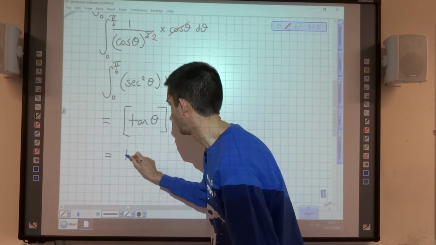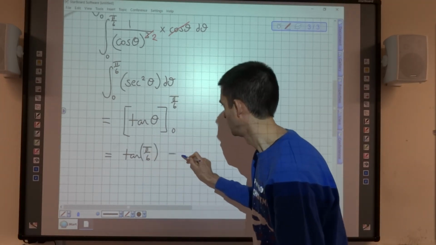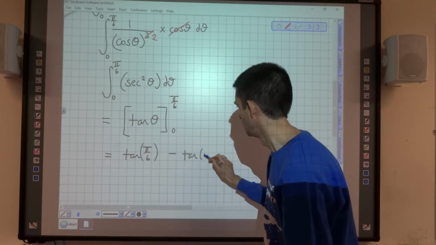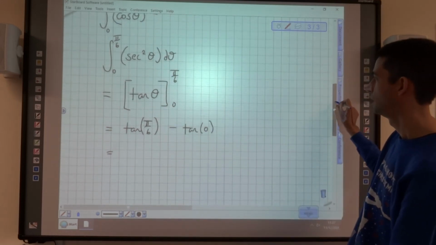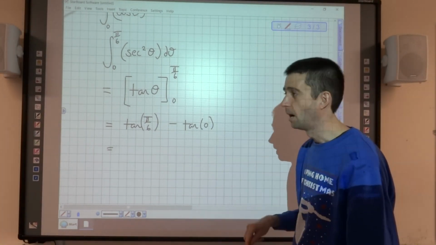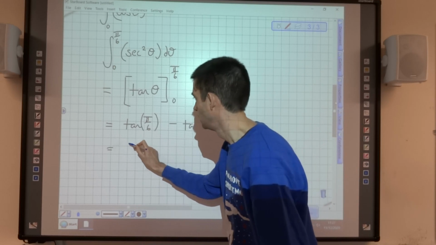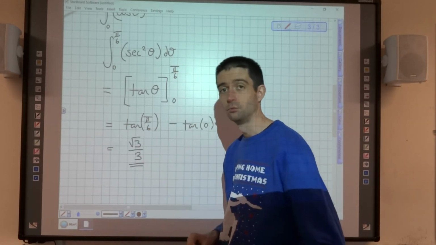So we're going to have tan of pi over 6, take away tan of 0. Tan of pi over 6 is root 3 over 3. Tan of 0 is 0. So the value of this integral is going to come out as root 3 over 3.